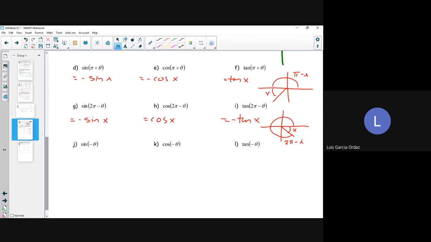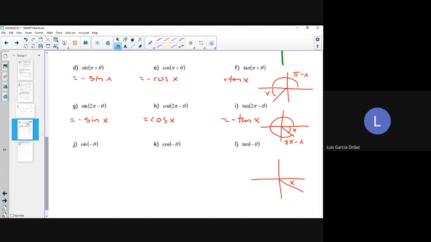And the last one, tan of negative theta, where is that going to land? So we're going clockwise. Fourth quadrant. And what are our ratios going to look like? Everything's going to be positive except for cosine. It's the same thing as the row above, right?